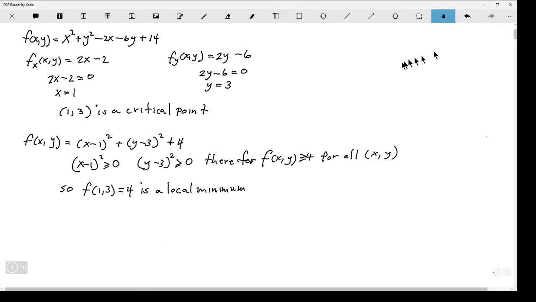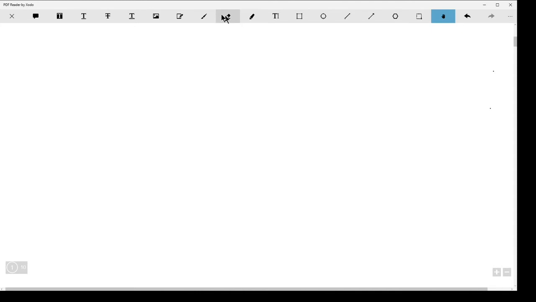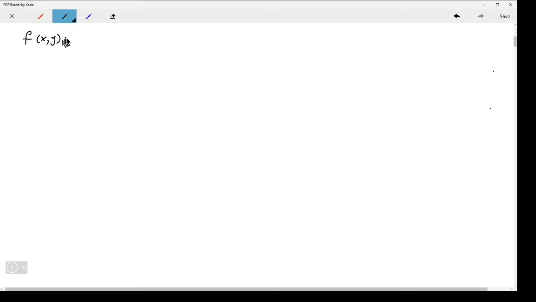If we take a look at the function f(x,y) equals y squared minus x squared. If you go back to that section where we talked about the quadratic surfaces, that is a hyperbolic paraboloid, and we'll take a look at that in a minute.